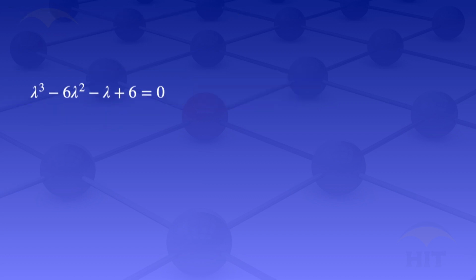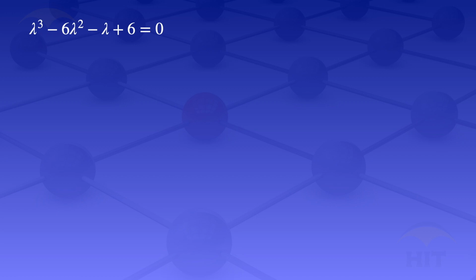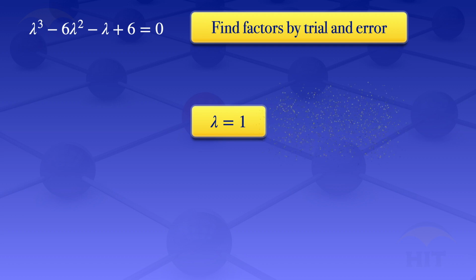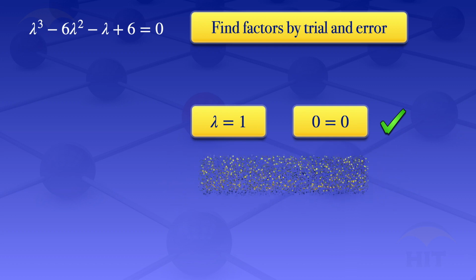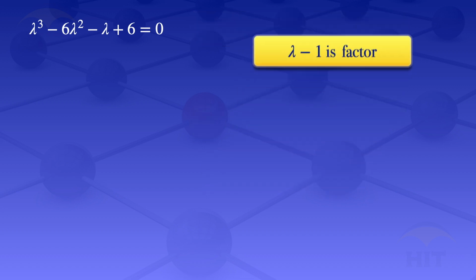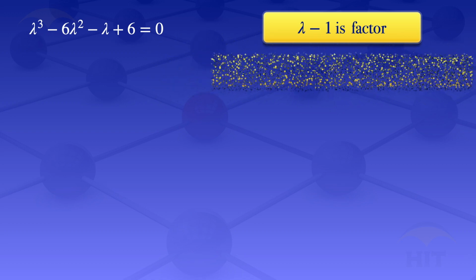To find the roots of that polynomial, I'll try to find factors by trial and error. If I substitute lambda equals 1 into that equation, we would have 0 equals 0, which is valid. So lambda minus 1 is a factor of that equation. If it is a factor, then we have to find the other factors using long division.